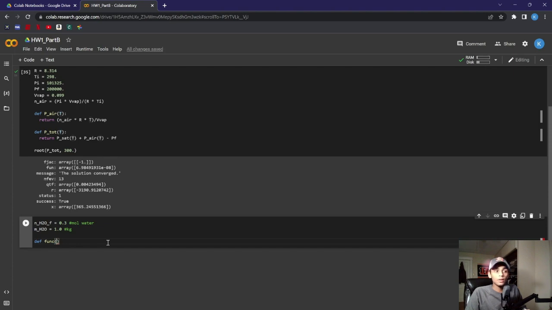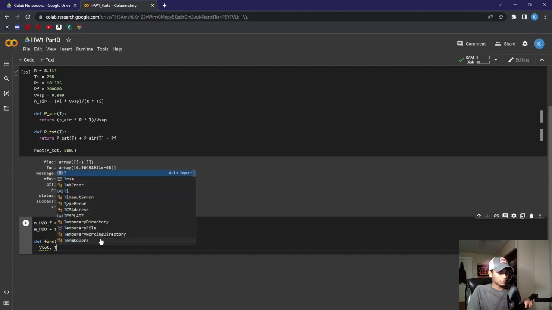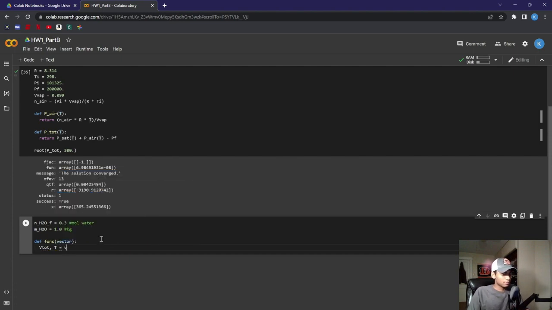And so what we're going to input is something known as a vector, right? So the input of this vector is going to be unpacked within this function, where we're going to put Vtotal and temperature. Vtotal and temperature, these are going to be equal to our vector.